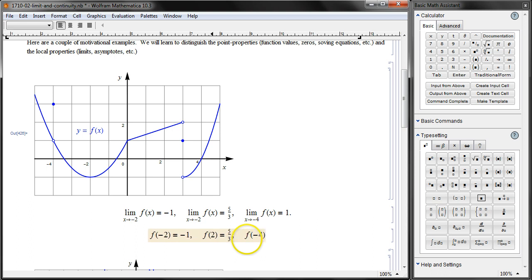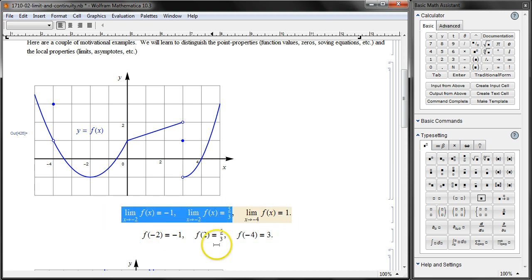How about f of -4? Where's the graph? It's right here, not down there, because this part is empty. For the function value, I'm looking at just a single point at x equals -4. What's the function value? That's 3.